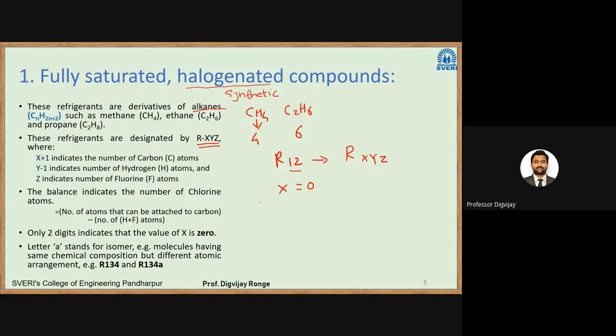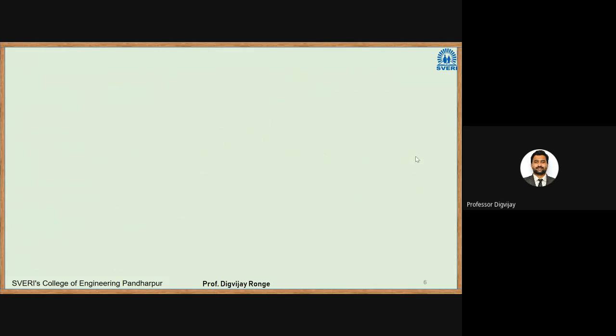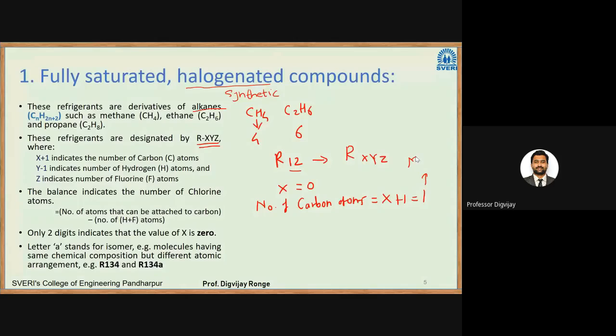Okay, so the number of carbon atoms will be equal to X plus 1, so that will be 1. 1 means this is a ethane base, sorry, this is a methane based product. Why? Because carbon atoms are 1. So we know that methane is CH4, only one carbon atom is there. So that is why this refrigerant is methane based.